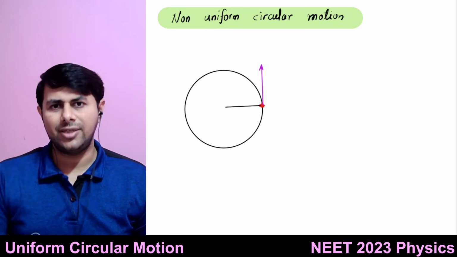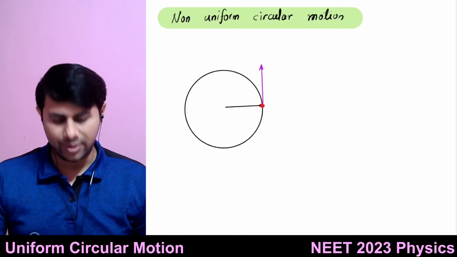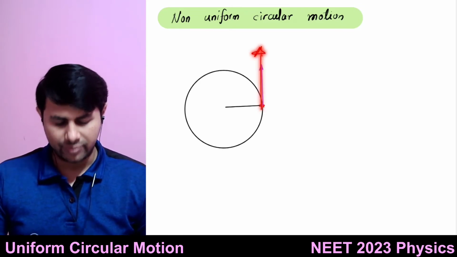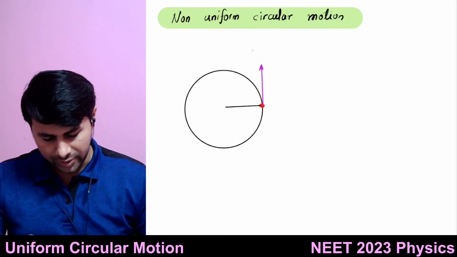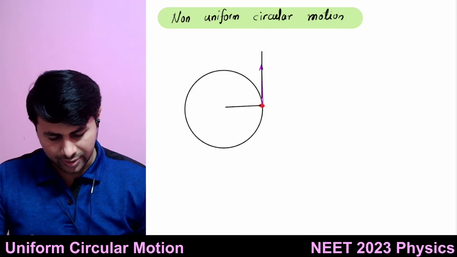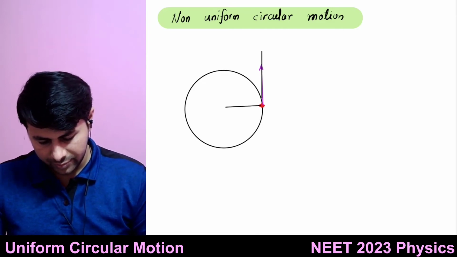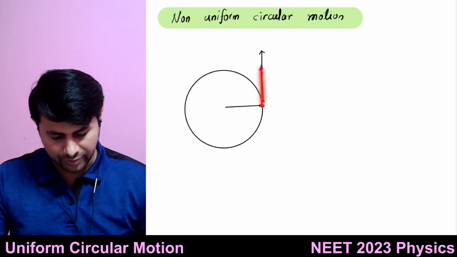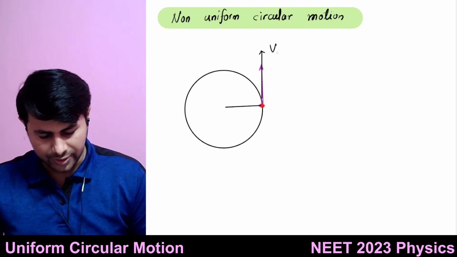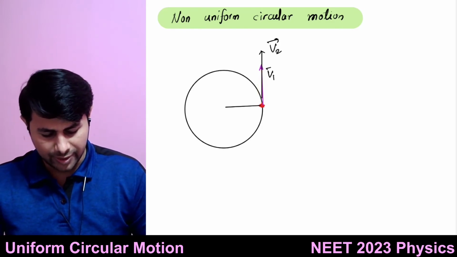So what will be the direction of change in velocity? Final velocity, let's suppose this much, minus the initial velocity, which is this much. So this is v2 bar, this is v1 bar.